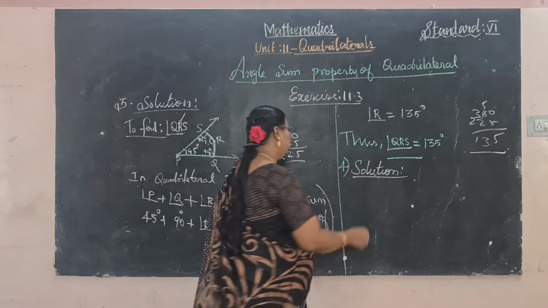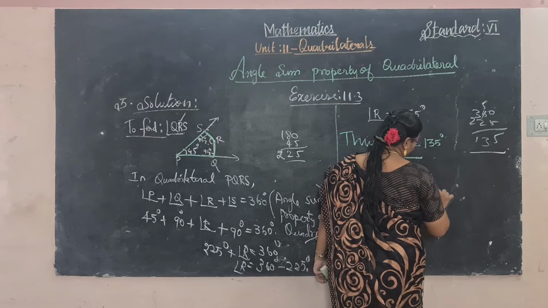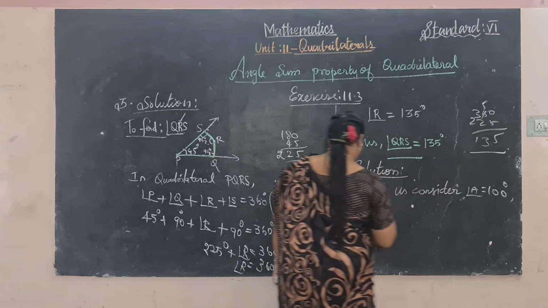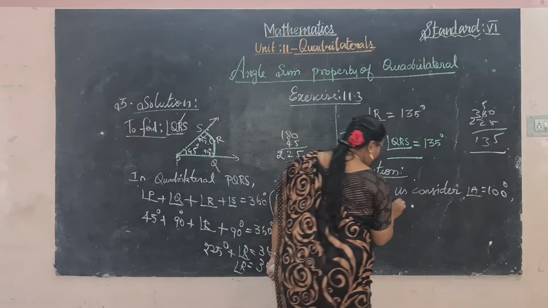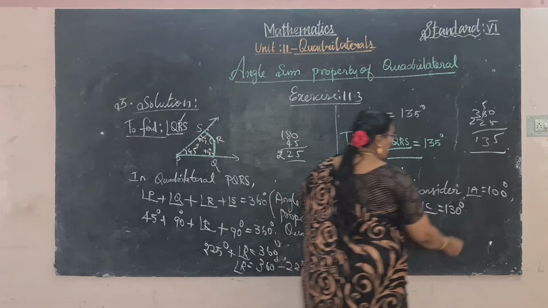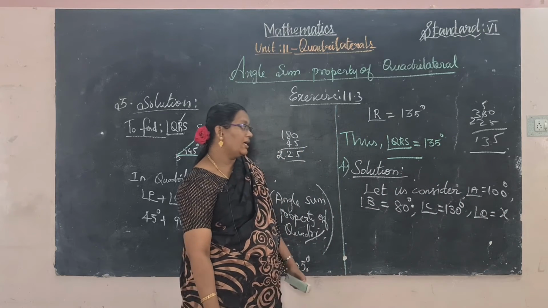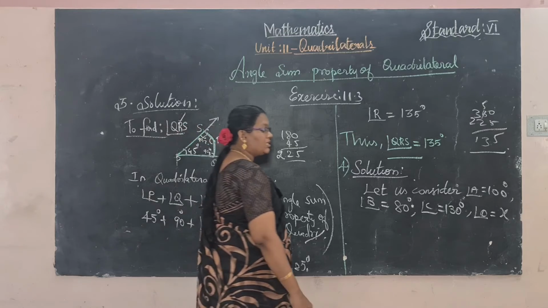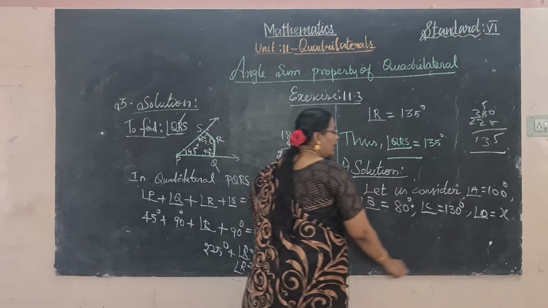Let us consider the angle A is equal to 100 degree, angle B is equal to 80 degree, angle C is equal to 130 degree, and angle D is equal to x degree. Now we have to find out the value of the angle D.